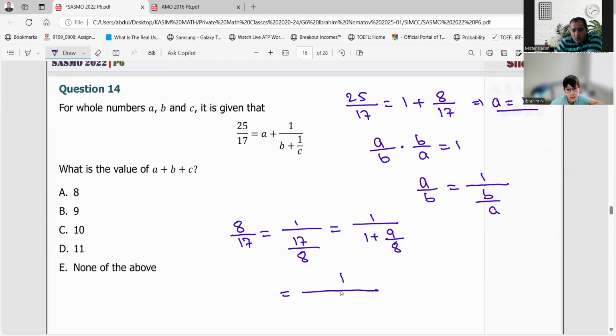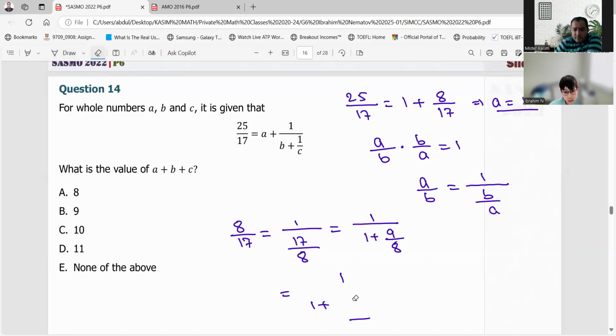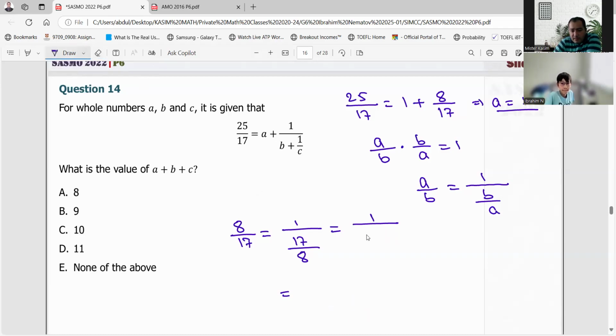No, no, wait. We made a mistake here. In 17, we have two eights, right? I can write this as 2 plus 1 over 8, right? I think that's it. We don't have to continue here.